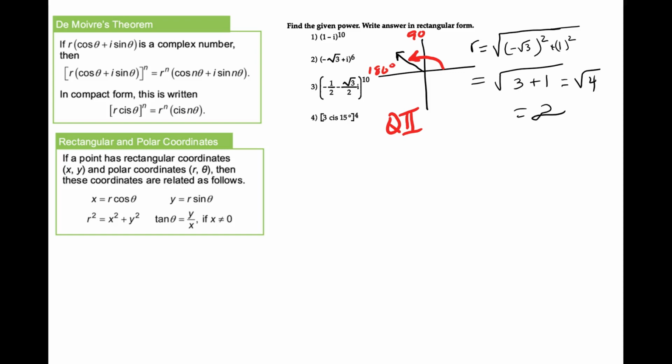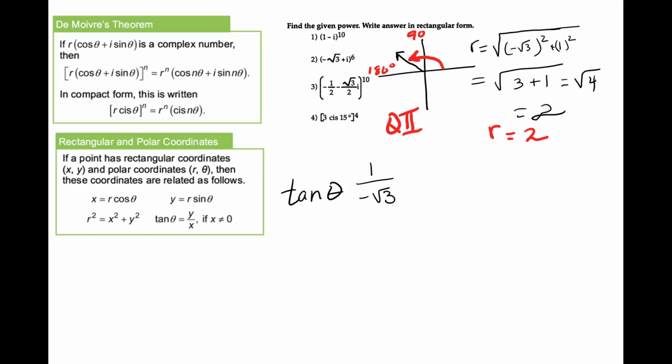So let's write r equals 2. We're going to come back to that in just a second. And then let's find our tangent value, tangent again being y divided by x. In this case, that's going to be 1 divided by negative square root of 3.